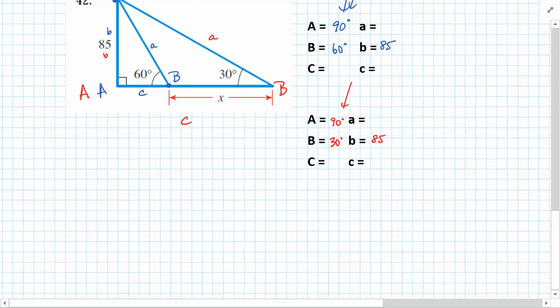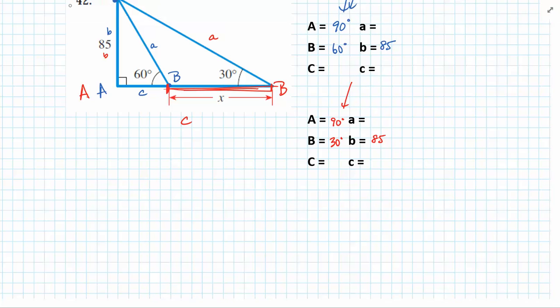If we were solving for letter x, the value of x, the distance from this point to this point along this straight line, that would be equal to the red value C. Let me choose some different colors here.